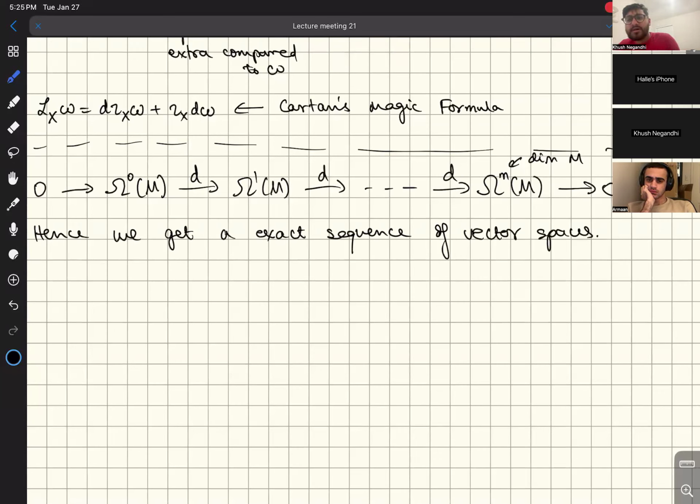So if you remember our discussion with the fundamental group, we associated to each pointed topological space a group. And this group gave us important topological information, like is it simply connected, for example.